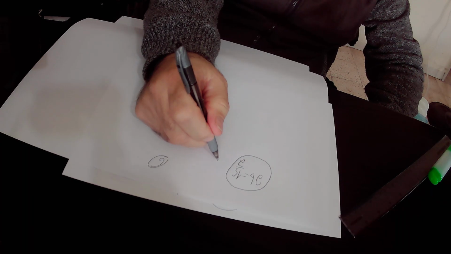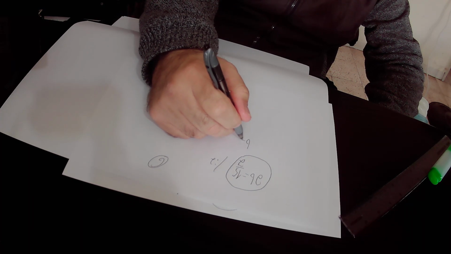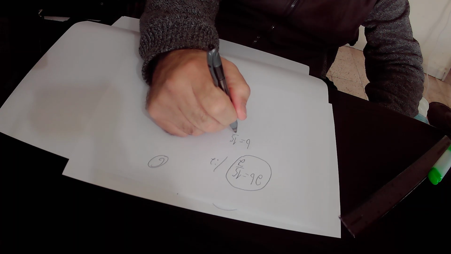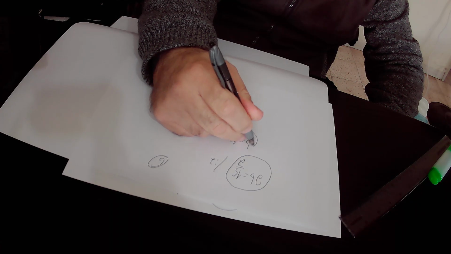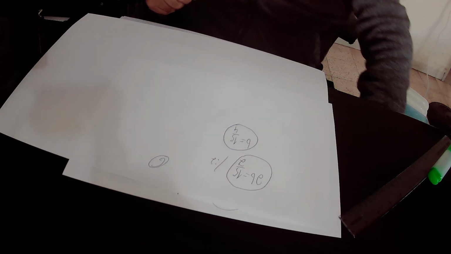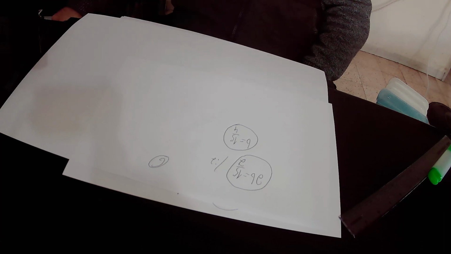Here we divide this equation by 2, and finally we get that b equals 15 over 2 over 2, which is 15 over 4. So we found out that b equals 15 over 4.